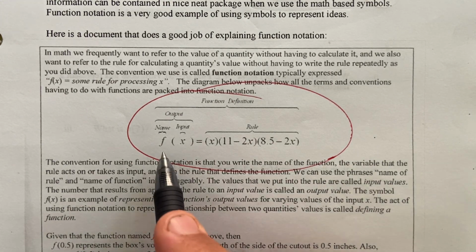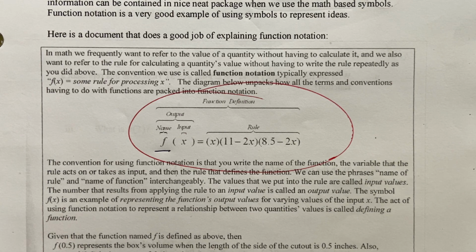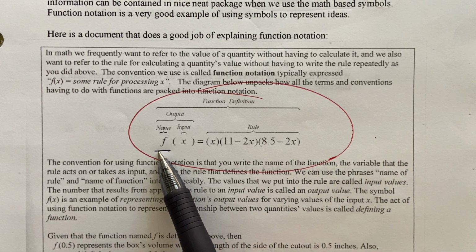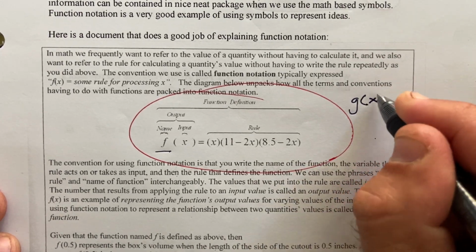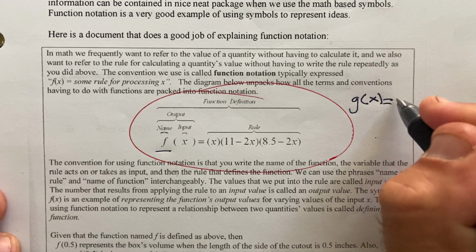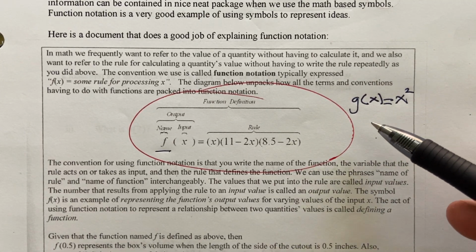So f, we'll see that these functions are sometimes called f. That's simply a name, just like you have a name and I have a name, just so we can refer to each other. Functions have names, and that's all that f is. You could have a function like g of x, and that function's name would be g. Maybe it's just x squared, but I would call that function g.